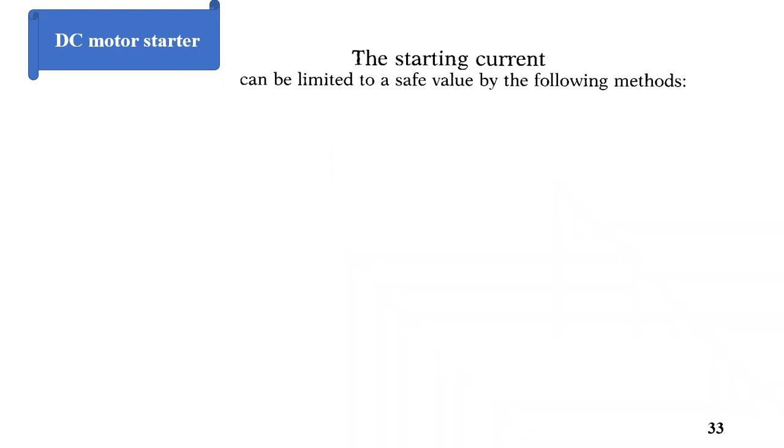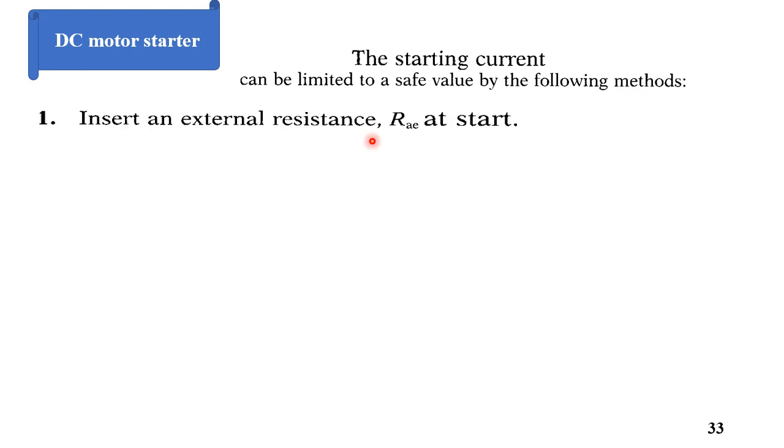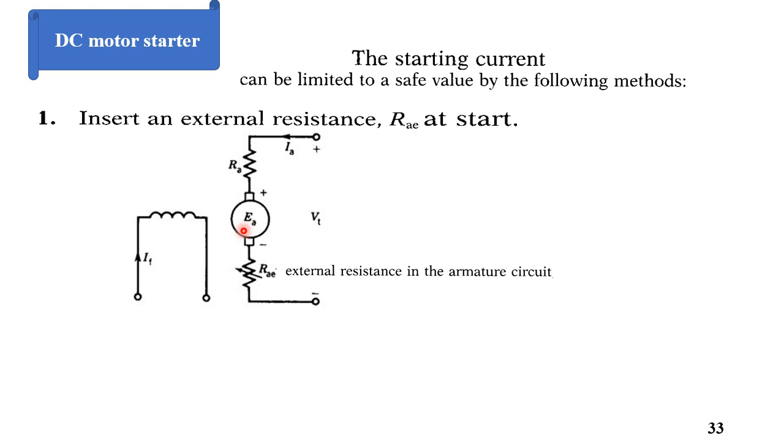To decrease or limit the starting current to safe values, we have two methods. The first method is inserting an external resistance at starting in the armature circuit, which is a variable resistance.